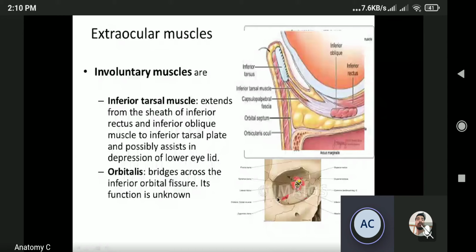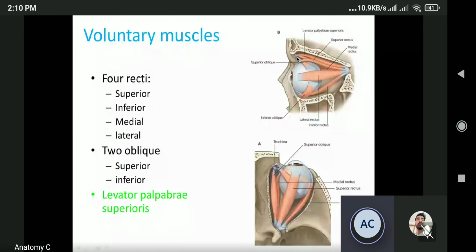Now we'll talk about the voluntary muscles. As I told you, look at it. This is the levator palpebrae superioris muscle. This is the upper one, the superior one. After that, you are getting the superior rectus. And look at here.